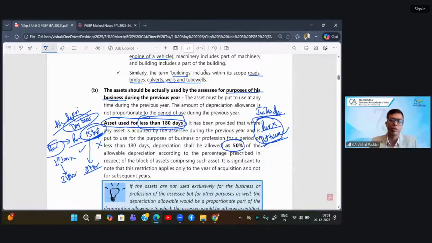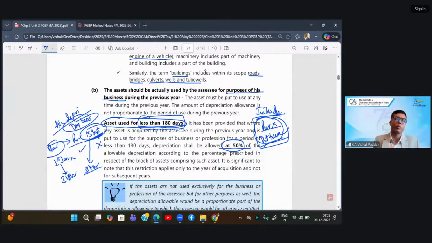And if in the year of purchase, the date of put to use is such that up to 31st March, less than 180 days are left, then in that year, you take half depreciation. So in income tax, we will never do day-wise depreciation. In the year of purchase, either you will take full depreciation if the period of put to use is 180 days or more.